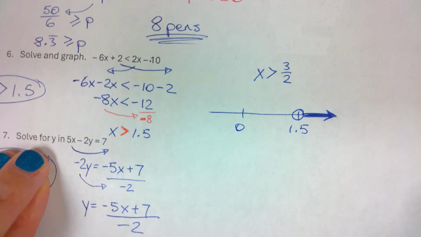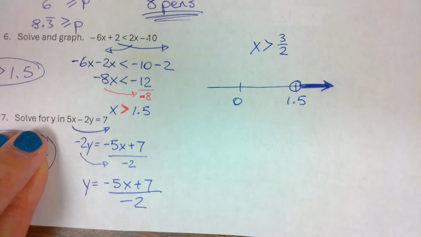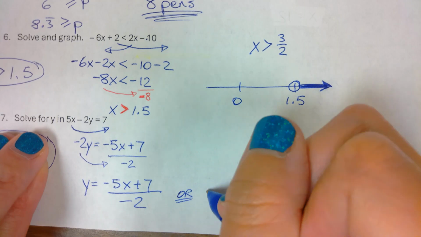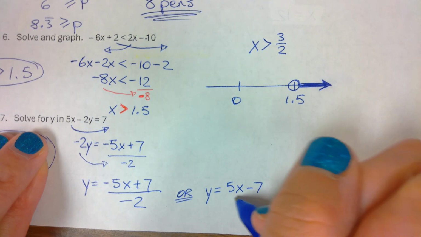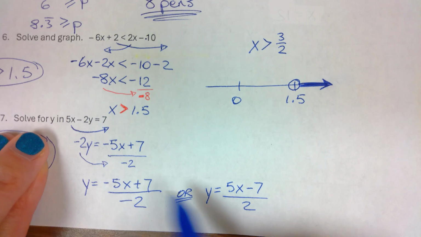Now I know that some teachers, they don't like it when you have a negative sign in the denominator. So you could rewrite this as y equals positive 5x minus 7 over positive 2. So notice I changed the sign of everything. All right, you could do that. Either one, I'm okay with. And that's your answer. You solve for y.